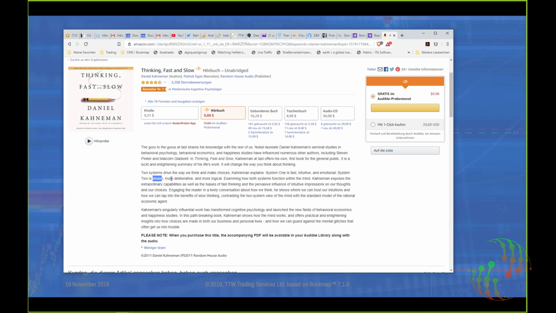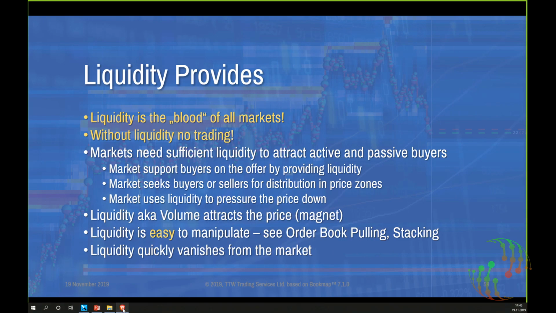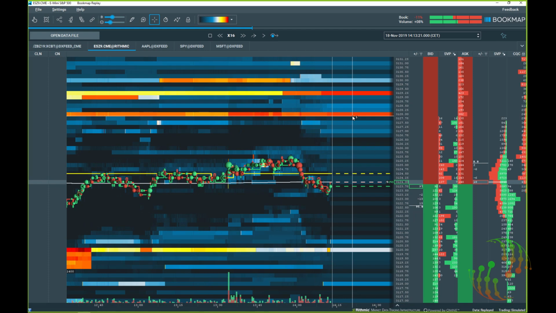System 2 is slower, more deliberative, and more logical. That means we are now starting to distinguish: what makes this red line reliable to me? This is slow thinking. It takes time, it takes energy, and it needs experience.